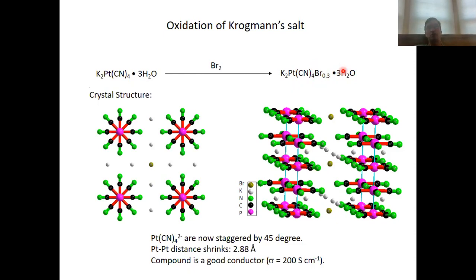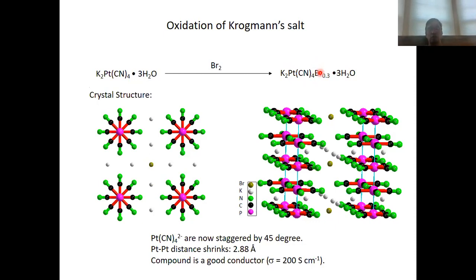So that would also imply that the oxidation state of platinum must now be somewhat higher than +2. It must be in between +2 and +3 due to the presence of the additional bromide ions in the crystal structure.